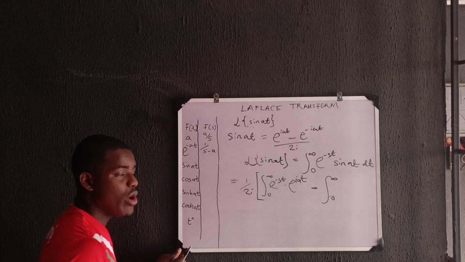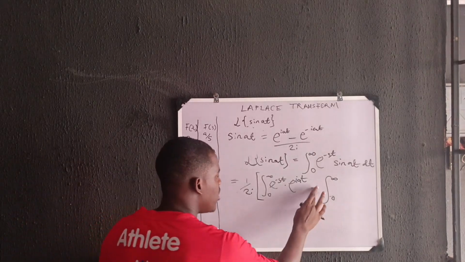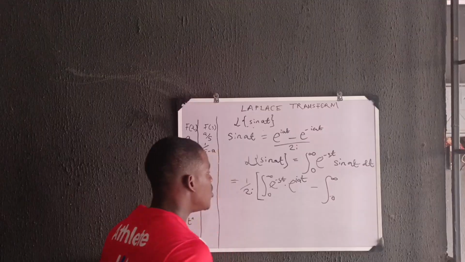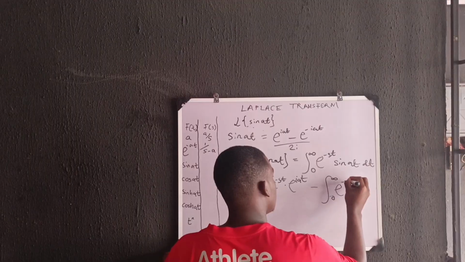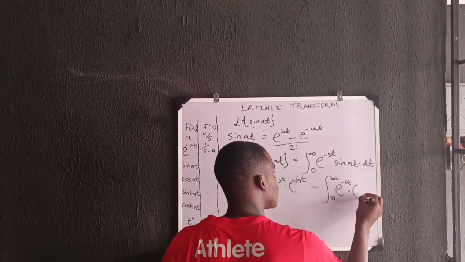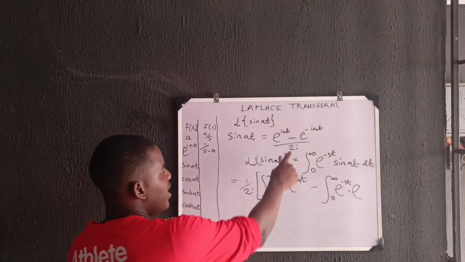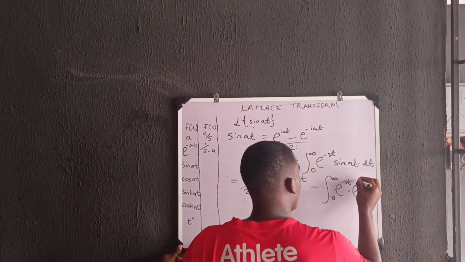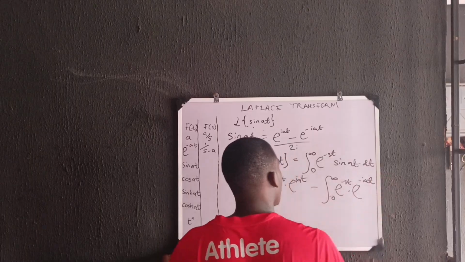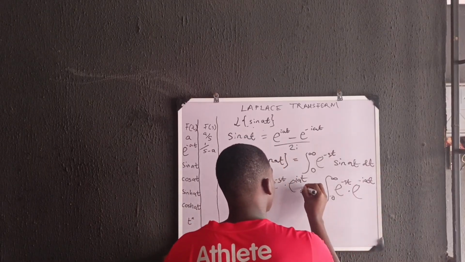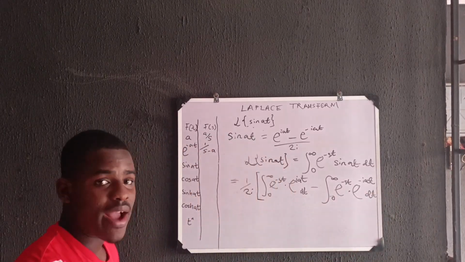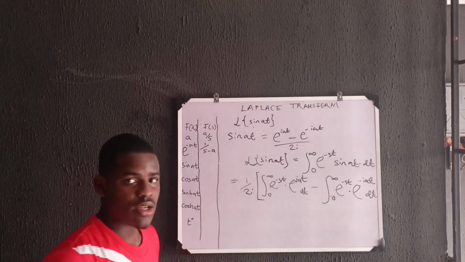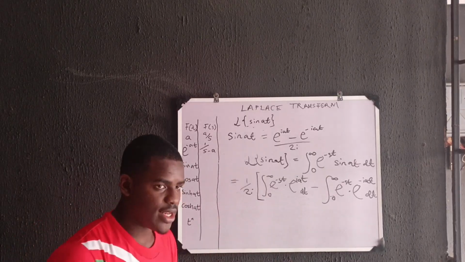Mind you, I've already brought out 1 over 2i, right? So this is now e to the power minus st multiplied by e to the negative iat, dt. Mind you, we are integrating with respect to t, so you always have to mind putting your dt there.